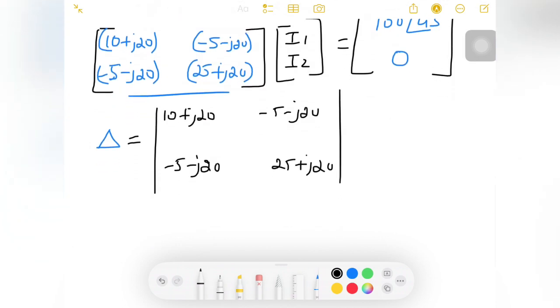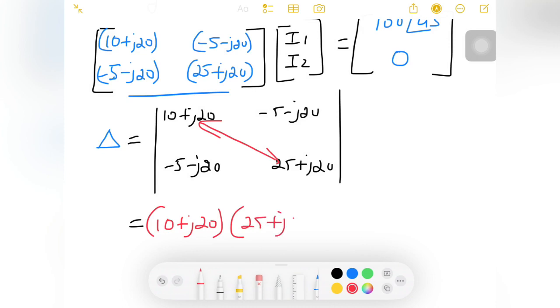To take the determinant, I multiply 10 plus j20 into 25 plus j20, minus this into this, that is minus 5 minus j20 into minus 5 minus j20.